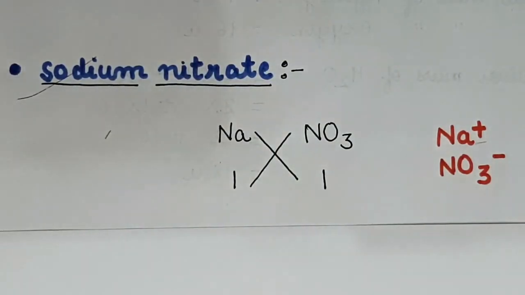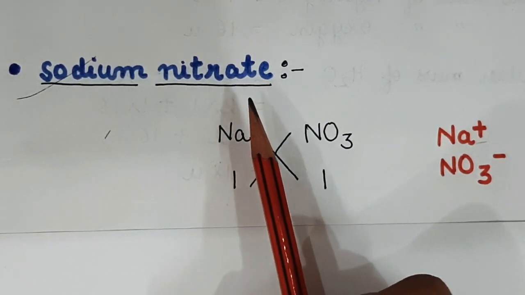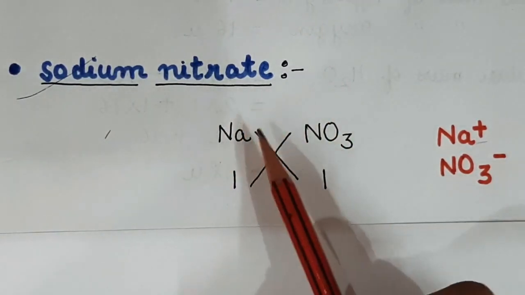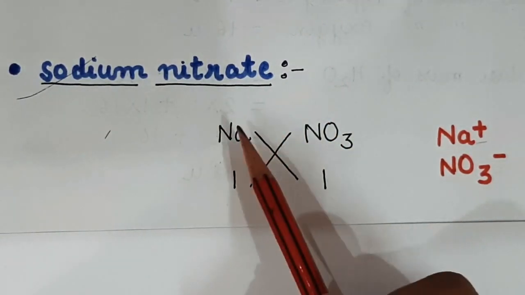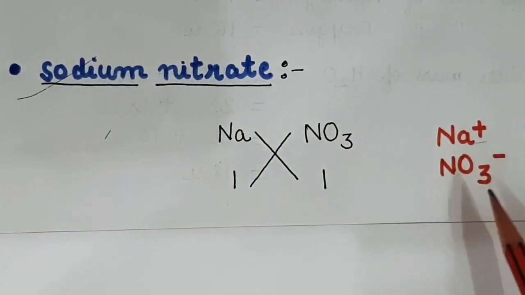But students, before starting a new topic today, I would like to discuss some of the examples of chemical formula, the topic which we took yesterday. So first example is sodium nitrate. Now what is the formula of sodium? It is Na positive. And what is the formula of nitrate?